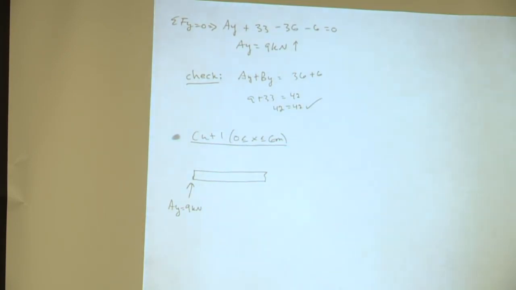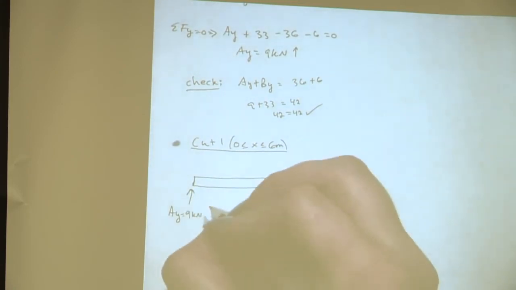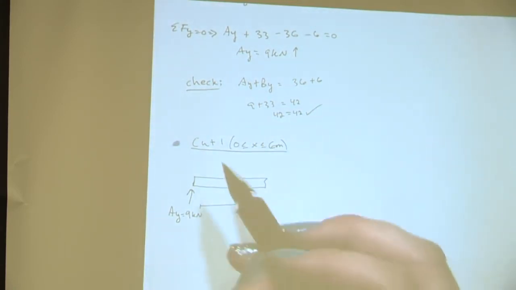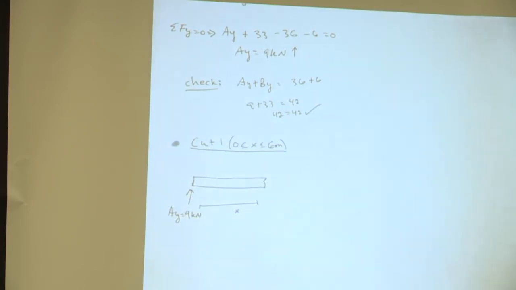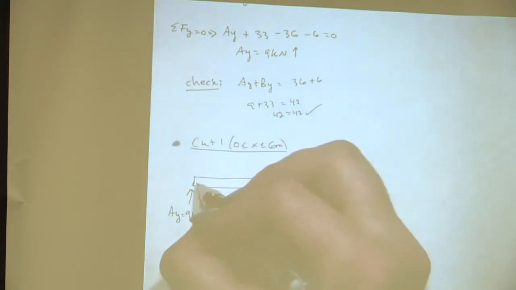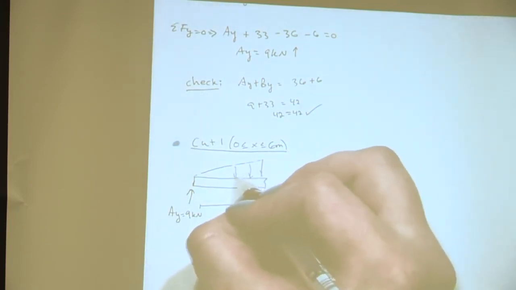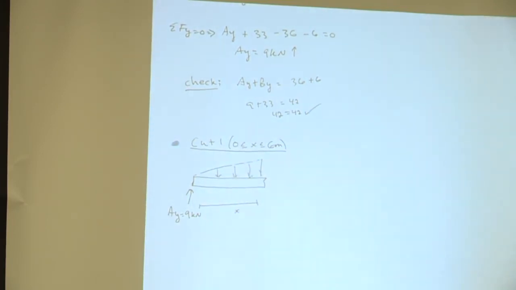You're saying this entire distance is x. Now what do we have on this part? A triangular distributed load. Now, how do we solve for the height of that triangle?